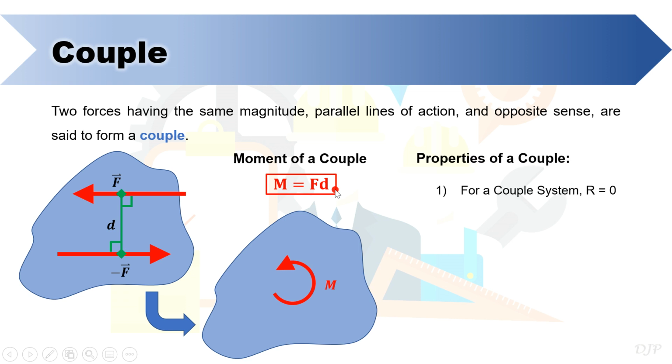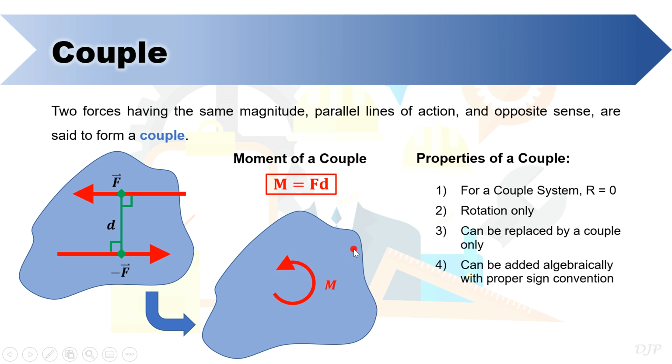First, for a couple system, the resultant force is 0, as explained a while ago. Second, the intended effect is rotation only. This means that a couple cannot produce any tendency to translate the body from one point to another. Third, the two forces can be replaced by a couple only, as shown in this example.